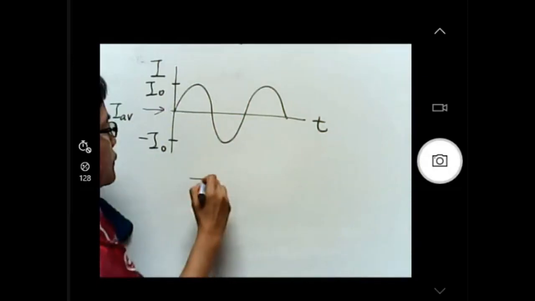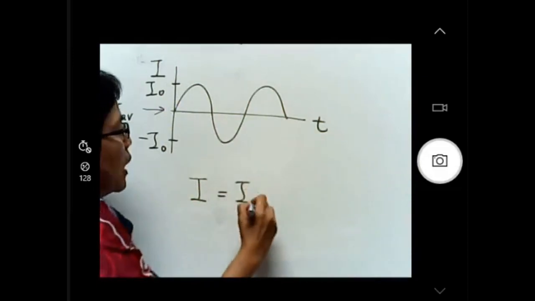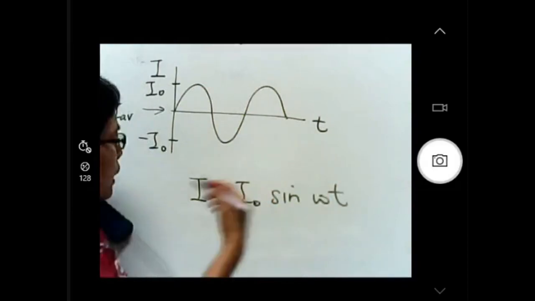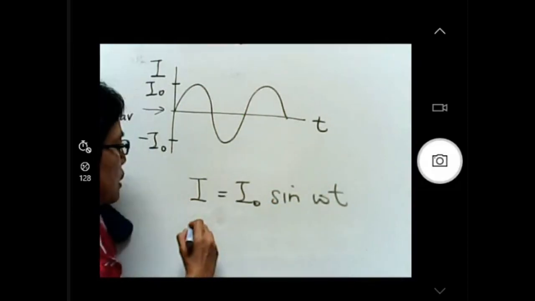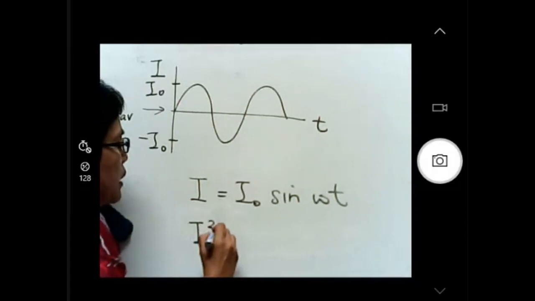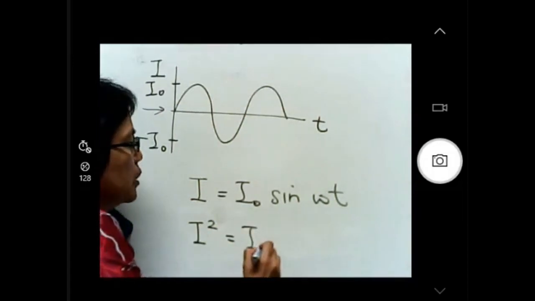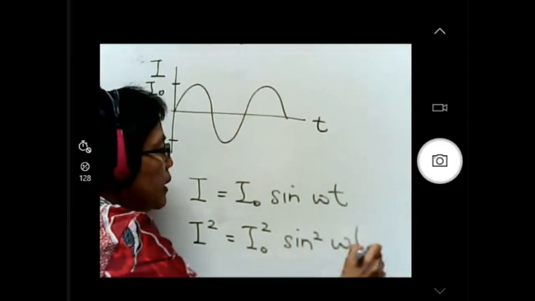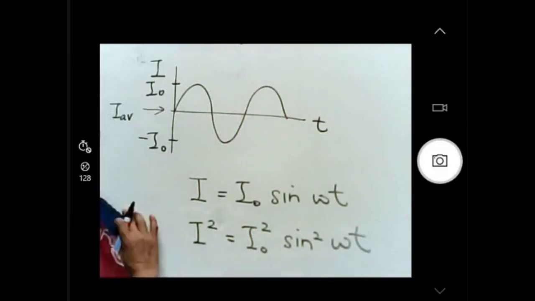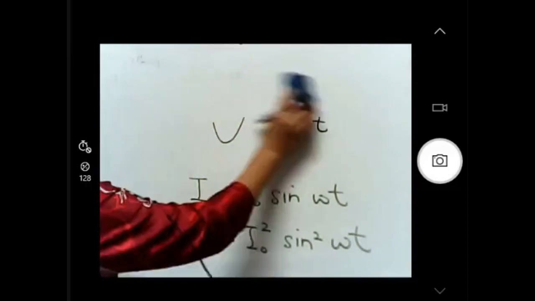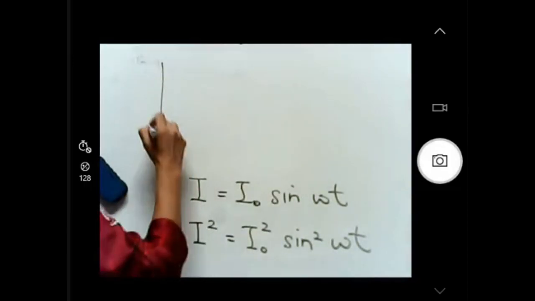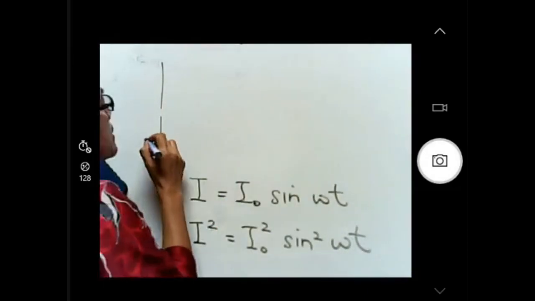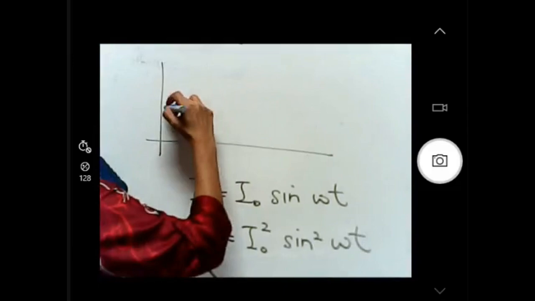This graph is I equals I naught sine omega t. So if we square the equation, then we will have I square equals I naught square sine square omega t. That means our graph will be shifted upward, and we will get a graph like this.